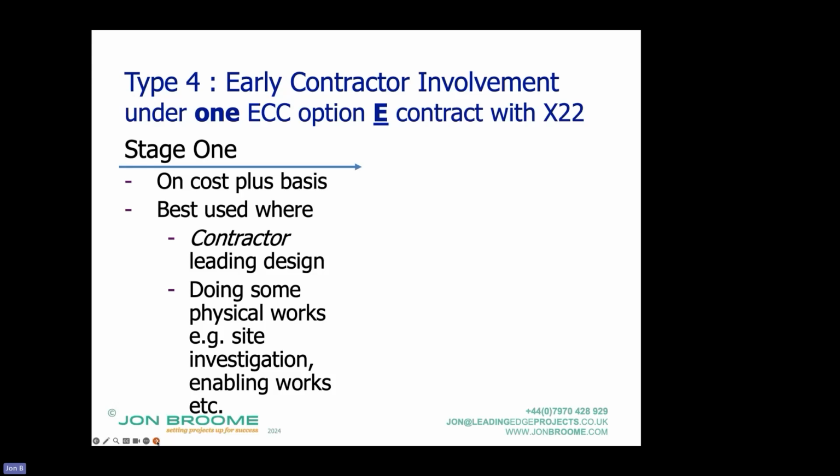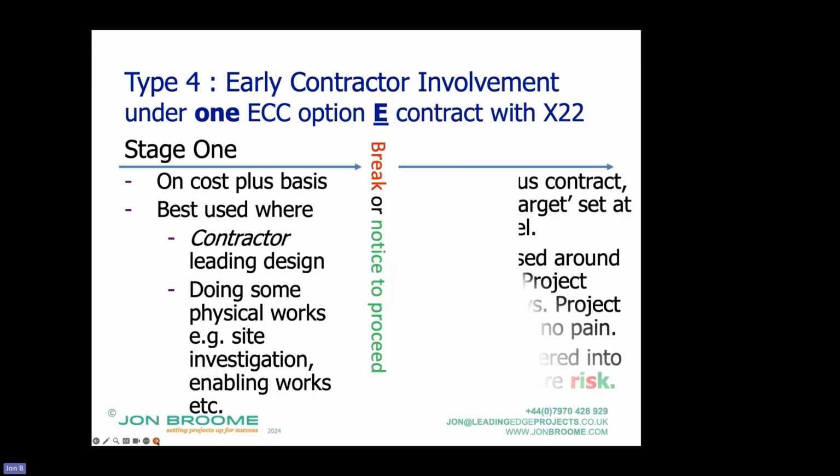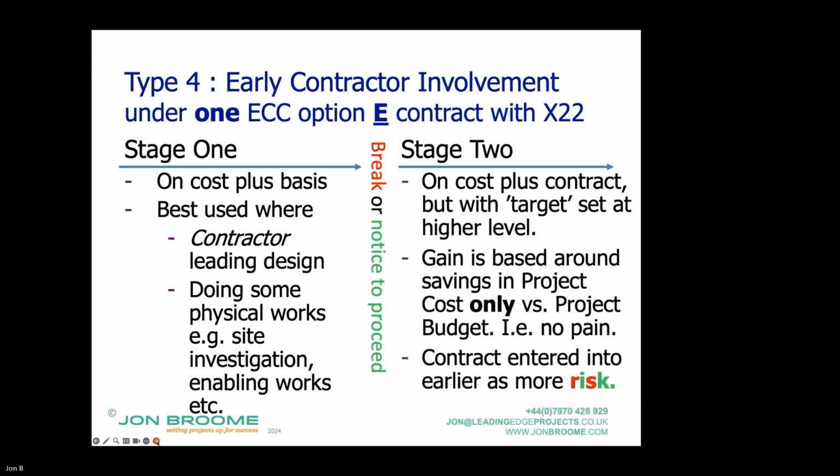And potentially similar circumstances, but stage 2 has a higher level budget, right, and fewer compensation events effectively, which adjust that budget. Now, in the unamended contract, there is only gain share around that budget. In other words, if the contractor overruns the budget, all the pain is on the client.